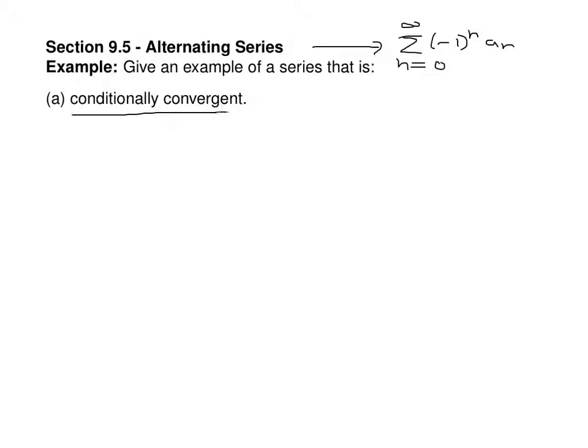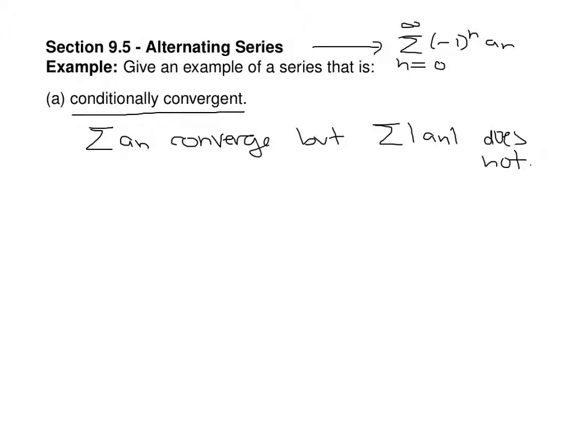So a conditionally convergent series is one such that the sum of a sub n's converges, but the sum of the absolute value of a sub n's does not. A pretty good example of that would be the sum from n equals 1 to infinity of -1 to the n over n.